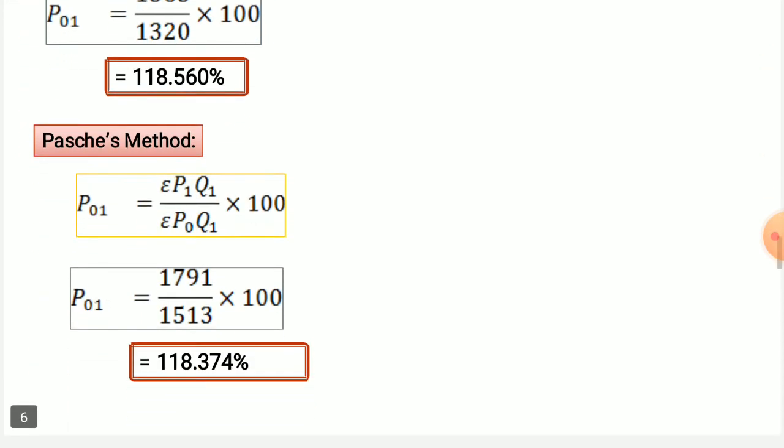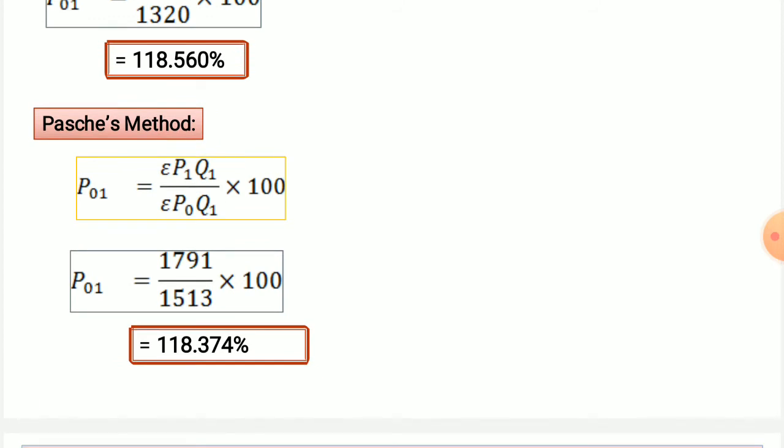Now the Paasche method: P01 is equal to sigma P1 Q1 divided by sigma P0 Q1 into 100. So sigma P1 Q1 is 1791 divided by sigma P0 Q1 1513 into 100.